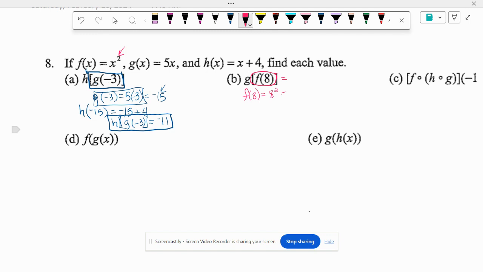So 8 squared equals 64. Now I'm going to evaluate the g function for whatever f of 8 is, which is 64. The g function is 5 times x, so 5 times 64, and that equals 320. So g of f of 8 equals 320.